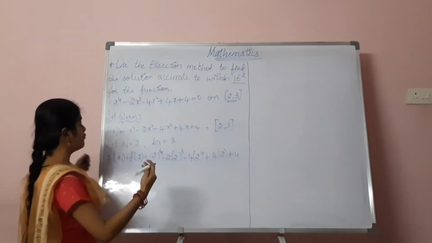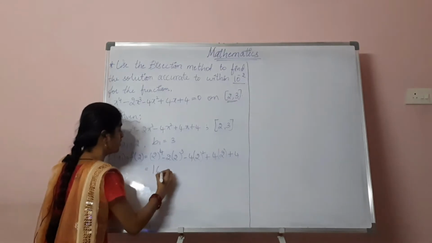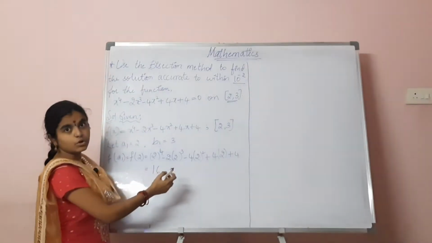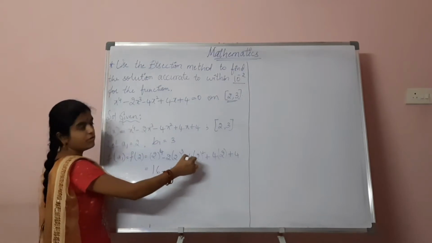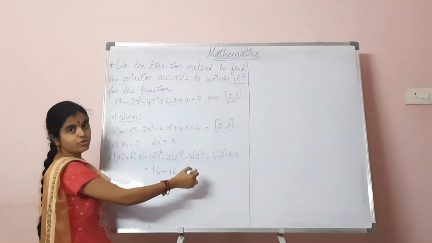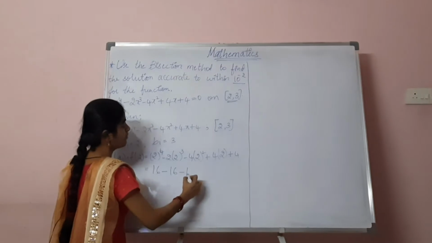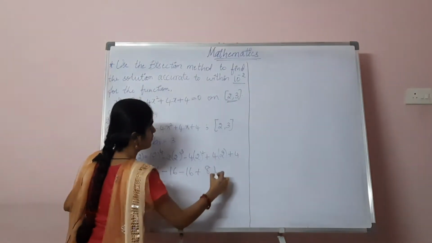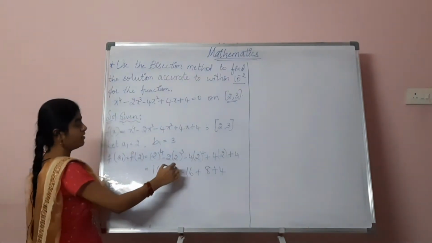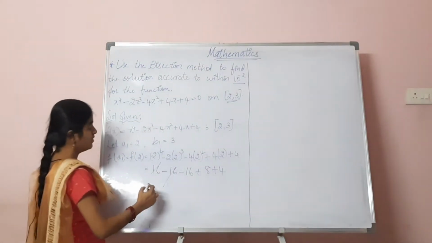2 power 4 is 16, minus 2 into 2 cube, 2 cube is 8, 8 twos are 16. Then 4 into 2 square, 2 square is 4, 4 fours are 16. Then 4 twos are 8, plus 4. Here minus 16 plus 16 will be cancelled. What is remaining?